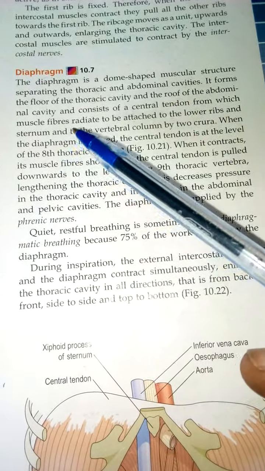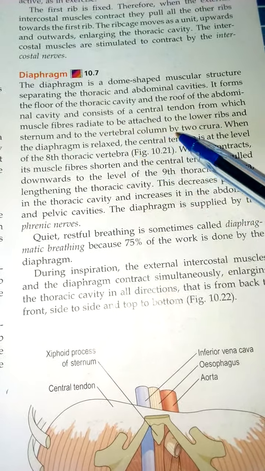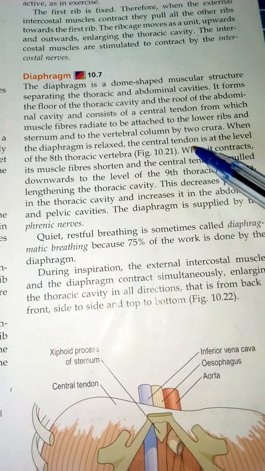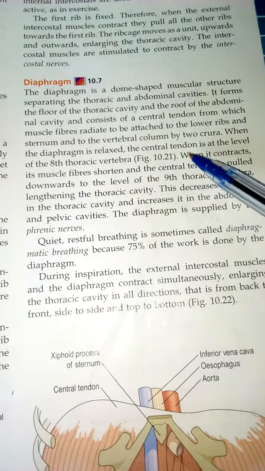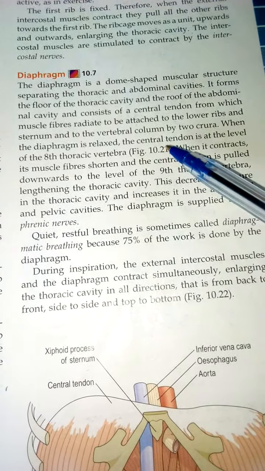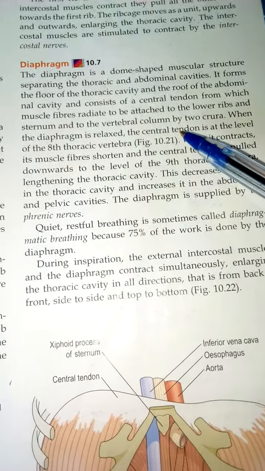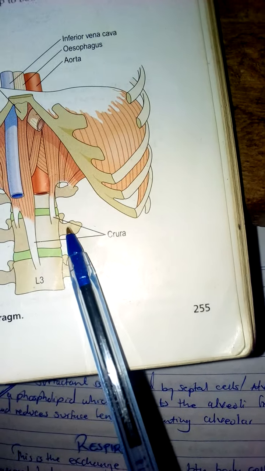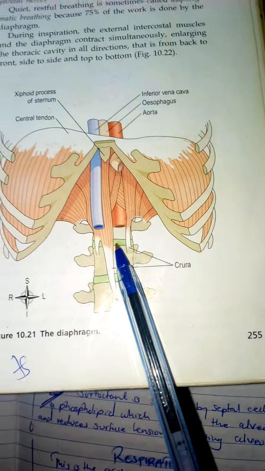From it, muscle fibers radiate to the attachment of the lower ribs and the sternum, and to the vertebral column by the two crura. If you look, the crura are here, as you can see.